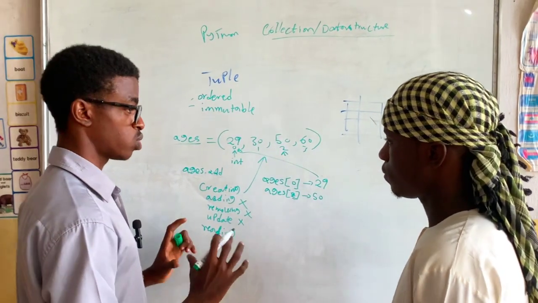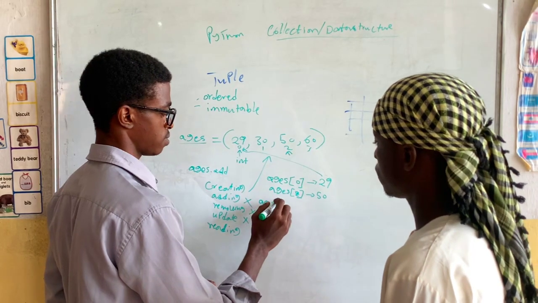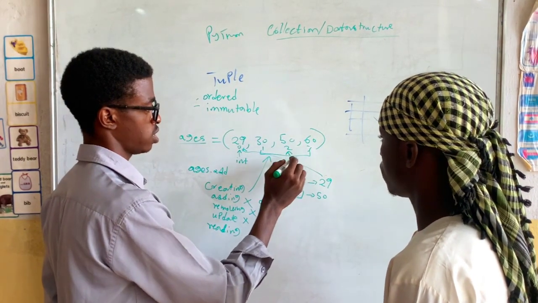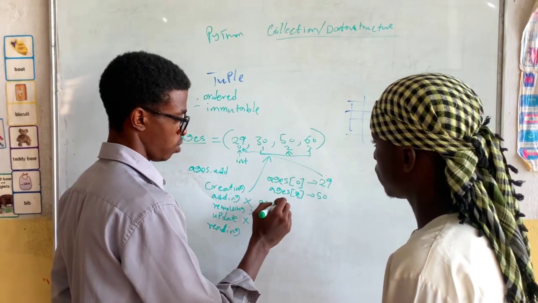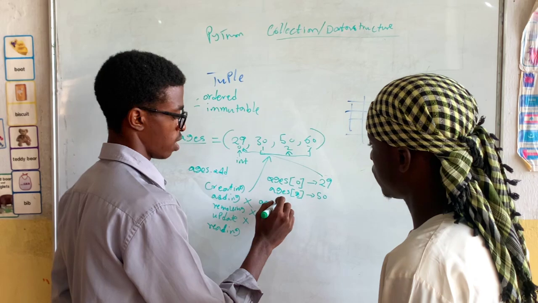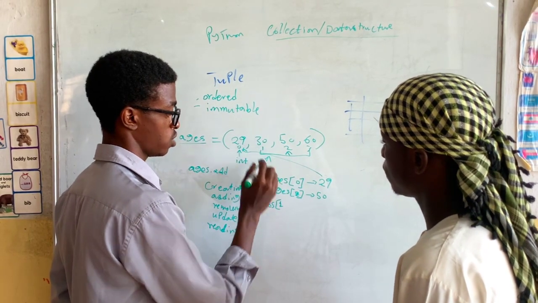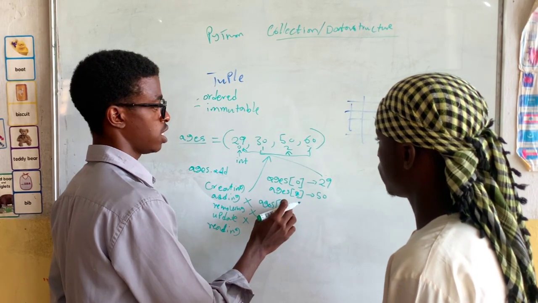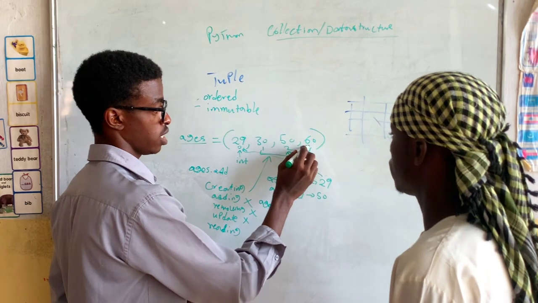And also we can do slicing. Maybe I want to read from 30 all the way to 60. For the first element, I'm going to write 1, because 30 has index 1. Then a colon, then I put the index where I want to stop. I want to stop at 60, which is at index 3.